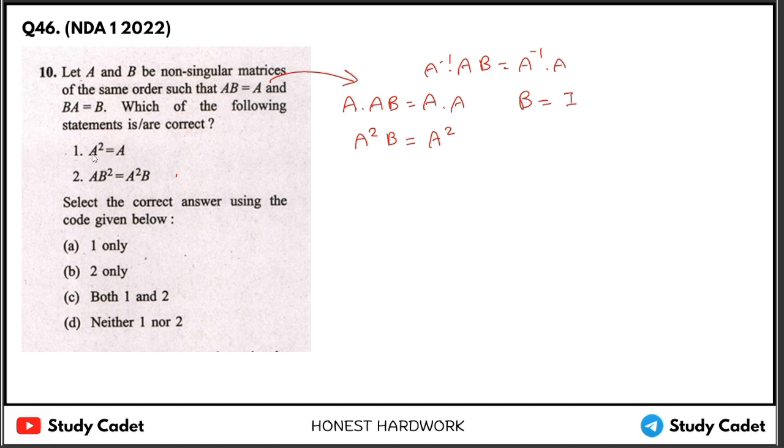In the same way, if I do BA equal to B and multiply by B inverse, then B inverse BA is equal to B inverse B, so it will be A equal to I, right? So both are identity matrices, so I square equal to I. This one is also right, both 1 and 2 are right.